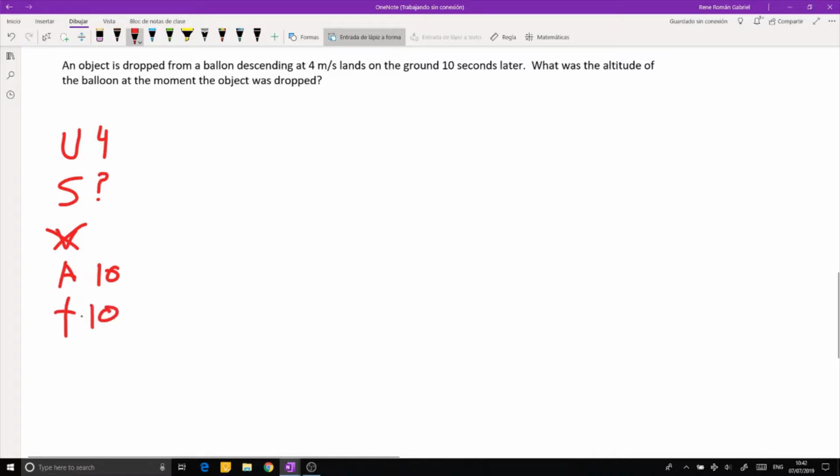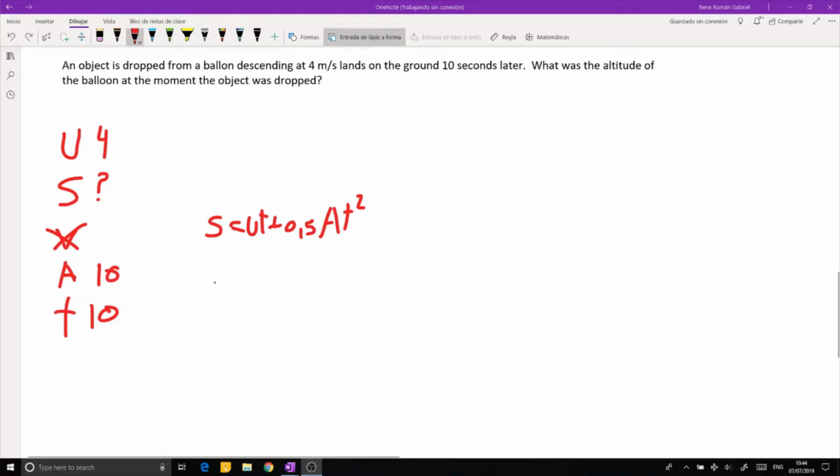So here we could use our formula, which is S equals UT plus 1/2, 0.5, AT squared. Since we have to solve for S, it's already in the right place. And so we'll just have to solve it.